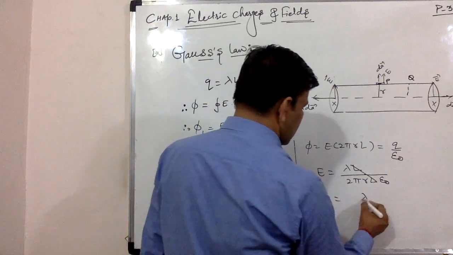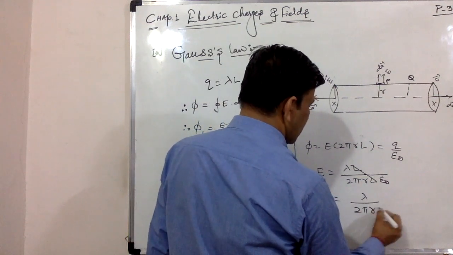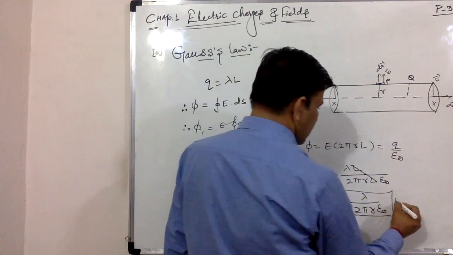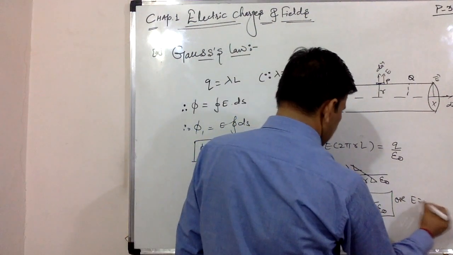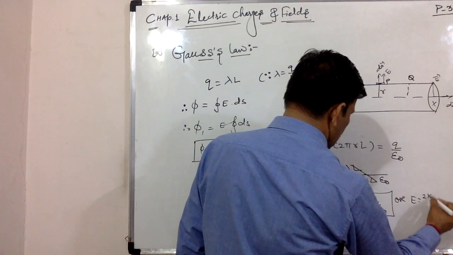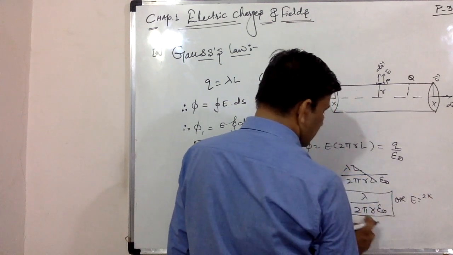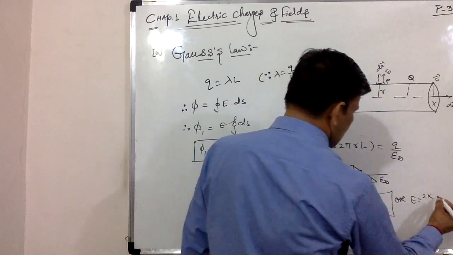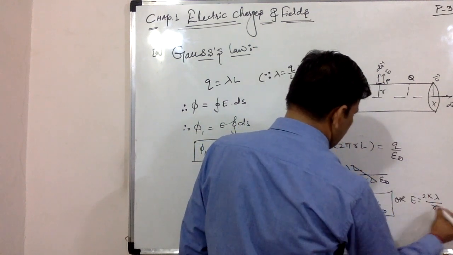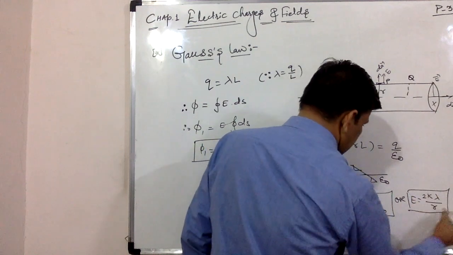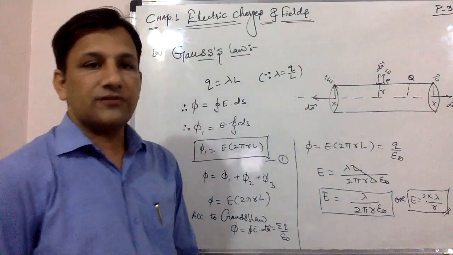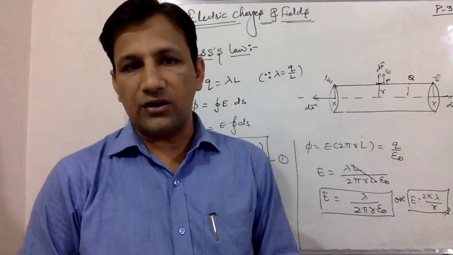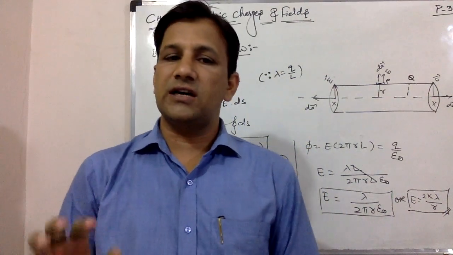E is equal to lambda upon 2 pi r epsilon 0. We can say E is equal to 2k lambda upon r, where k is equal to 1 upon 4 pi epsilon 0. This is the electric field due to an infinitely long straight uniform charge wire.